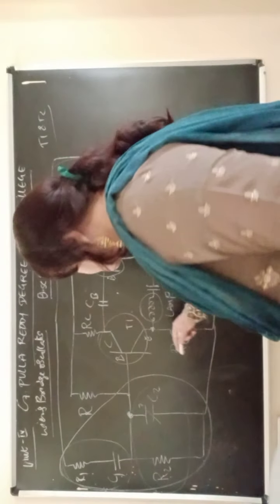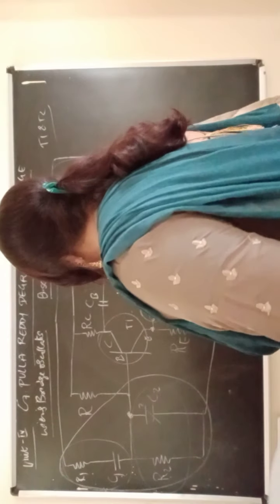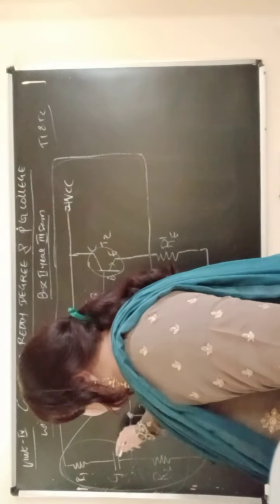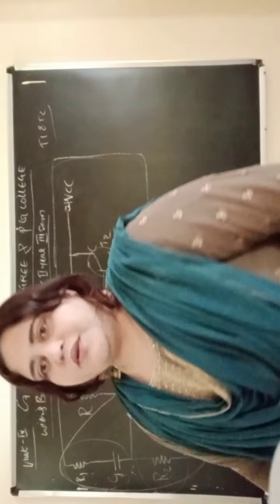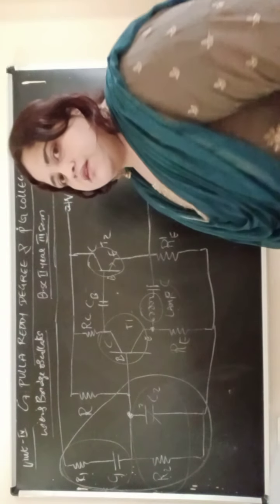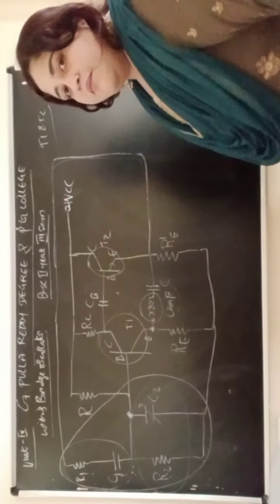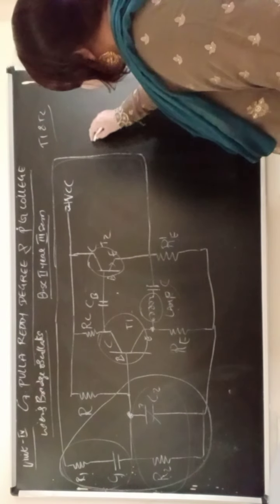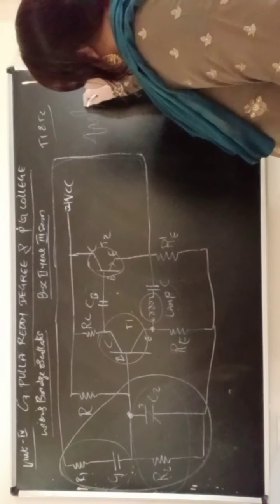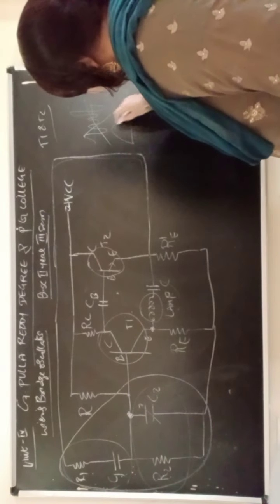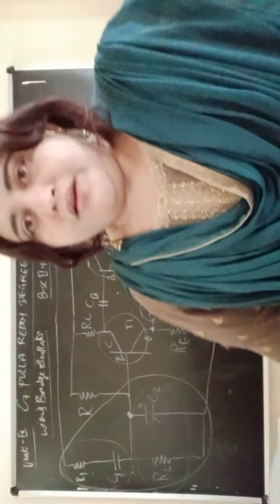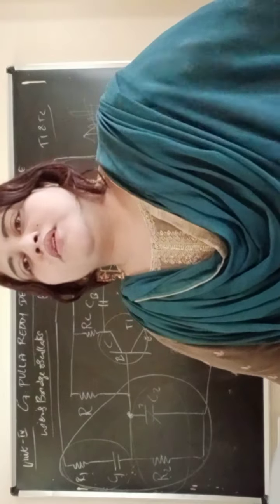Then the feedback network consists of resistors and capacitors R1, C1, R2, C2, which are in Wien-Bridge form. Now what is this lamp? The lamp is used in the circuit to limit the amplitude of the waveform. Limit the amplitude means what? If your waveform is like this, again like this, again like this, it is wrong. It should be the same amplitude. You should get the same amplitude of your sine wave. So that's why we use the lamp.